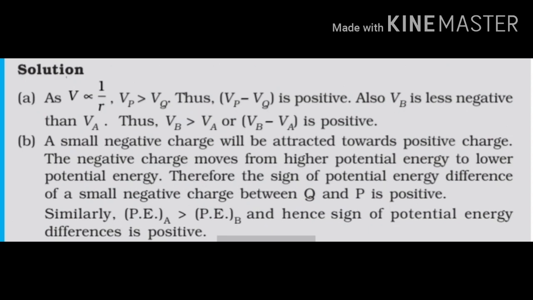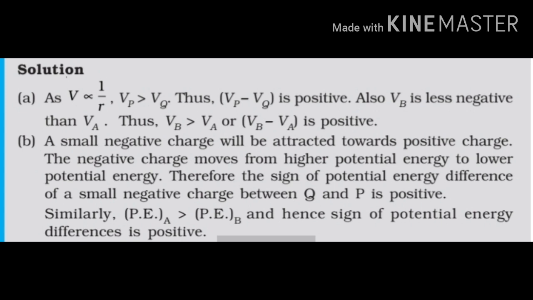So see the first one. As we know very well before, V is inversely proportional to r. So the first case is Vp is greater than Vq, because the positive charge is there.